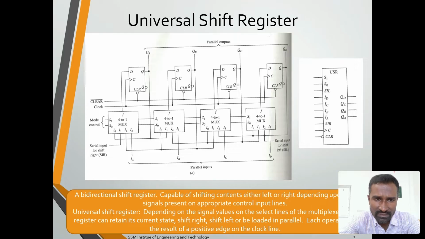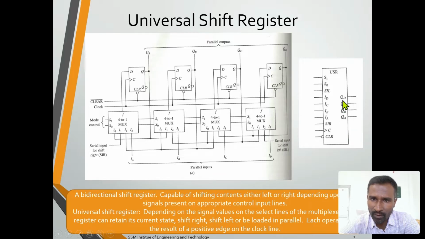The multiplexer output is linked and forwarded to the respective flip flop, to activate four kinds of activities in a single circuit. On the right side is the IC pin diagram. The clear pin is there, and two selection lines, shift input left, shift input right, and the four parallel inputs IA, IB, IC, ID, and QA, QB, QC, QD.